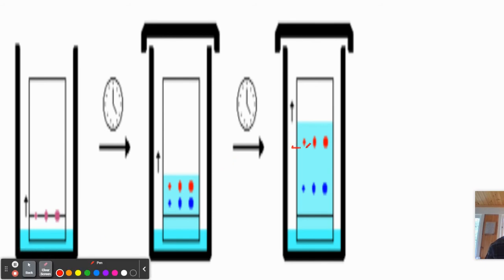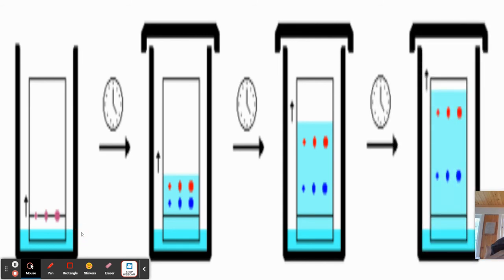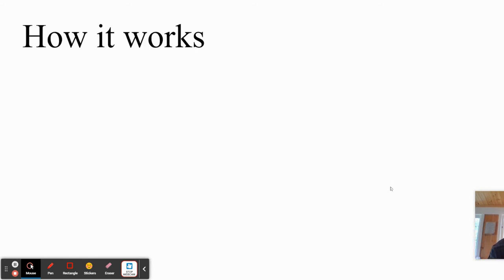I've got one here and one here. They have different affinities to both the mobile phase and the stationary phase, and that allows the compounds to separate, because they've got a different affinity towards the two phases of chromatography.